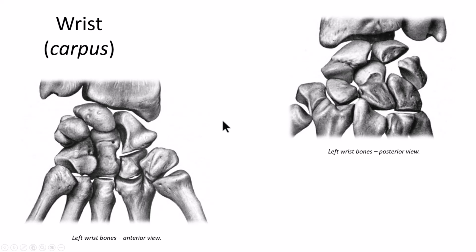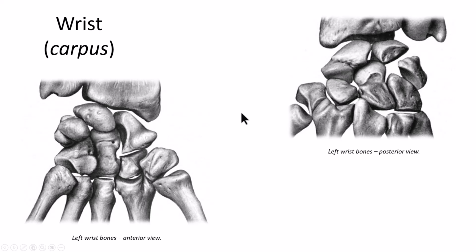We will start with the carpal bones. Here in the illustrations we have the left hand both from the palmar anterior view and dorsal posterior view. As I mentioned, the carpal bones are arranged in 2 rows, 4 in every row.